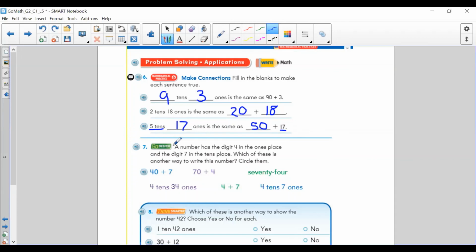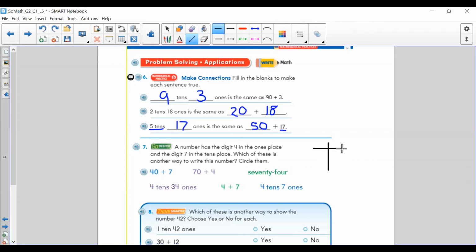Go deeper. A number has the digit 4 in the ones place and the digit 7 in the tens place. Which of these is another way to write this number? Circle them. Now, if you remember, the tens and the ones, just think of it like this.